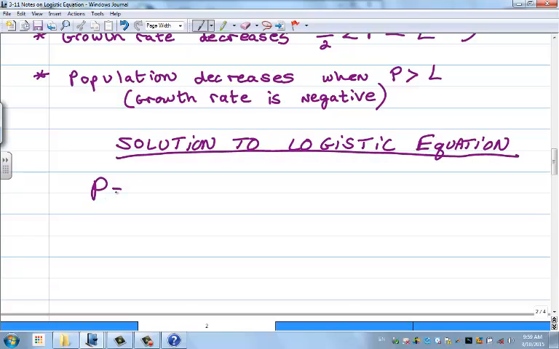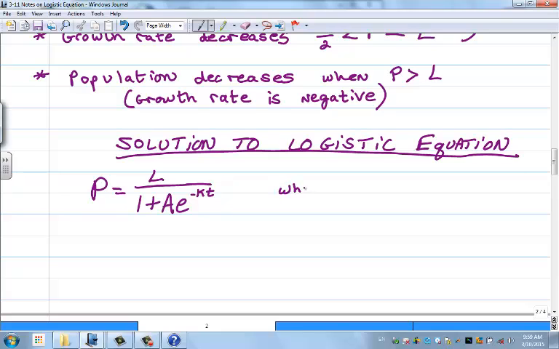P equals L over 1 plus A e to the negative k t. Now that's just, if we solve that differential equation, that's what we would get for a solution.